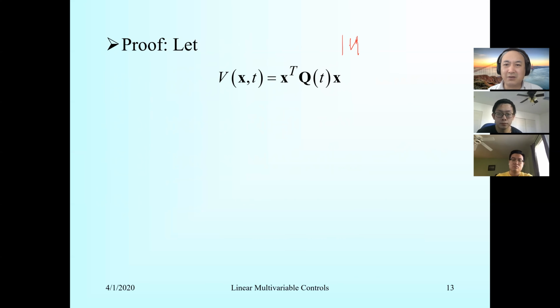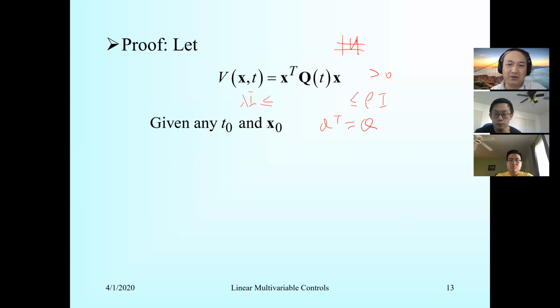So V will be bracketed: less than rho I, greater than lambda I. So then this is always positive, and we assume Q transpose is Q, so it's symmetric. That qualifies it to be a Lyapunov function.